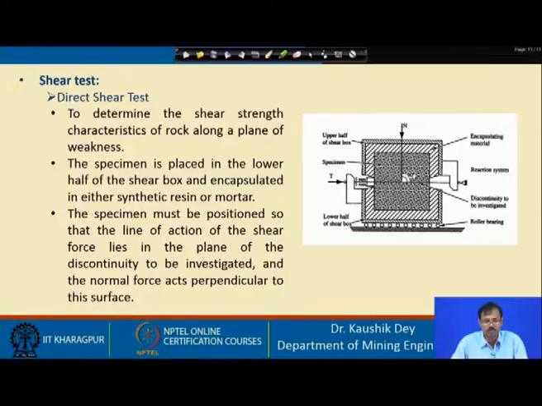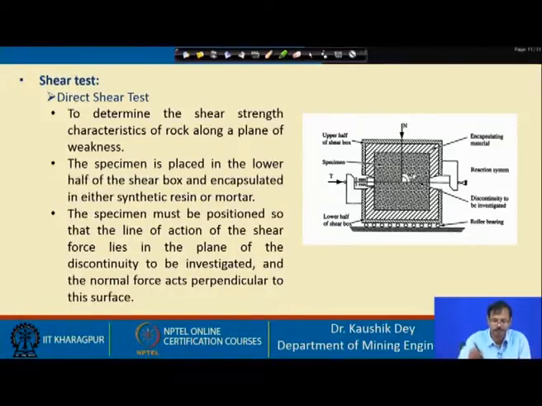Sometimes it happens because of the heterogeneity of the rock. The direct shear is measured on the direct shear test apparatus. However, the direct shear test apparatus is applicable for loose and soft material only, because otherwise it cannot be utilized.